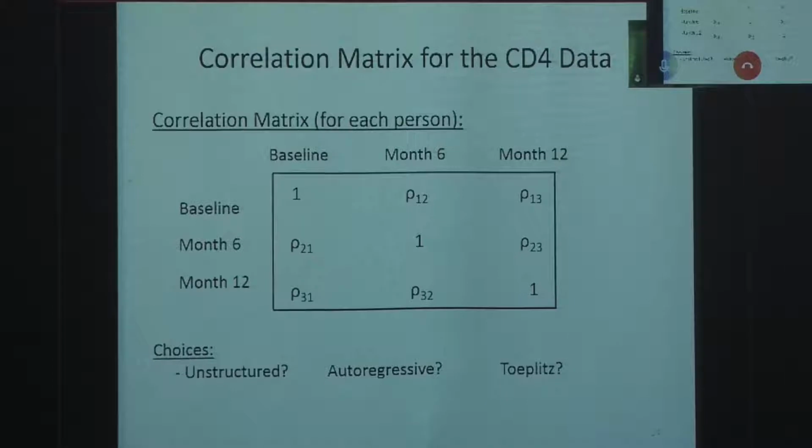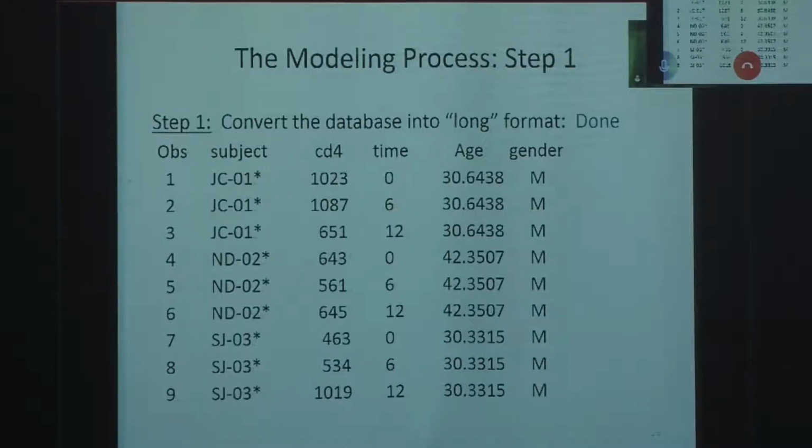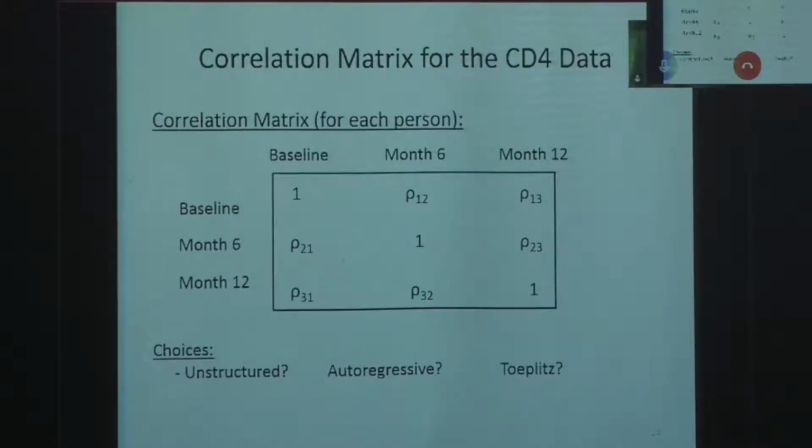And I need to set up my database in this format so that I can tell the software, look in the variable, the column called subject, anybody that has the same value, those are correlated measurements, times 0, 6, 12. Here's another threesome, and the correlation between those three measurements is going to be estimated according to this matrix with an assumption thrown in or not.